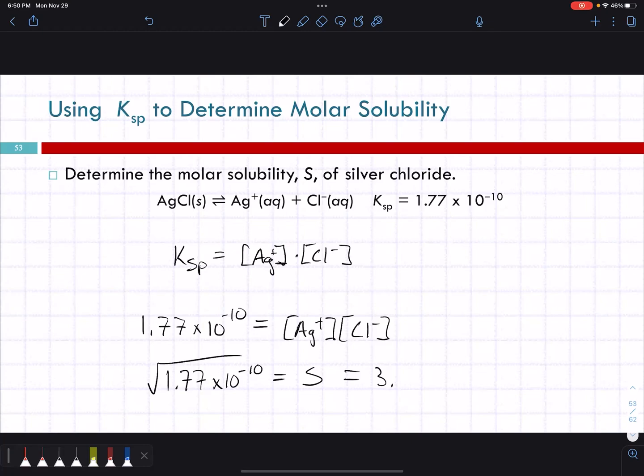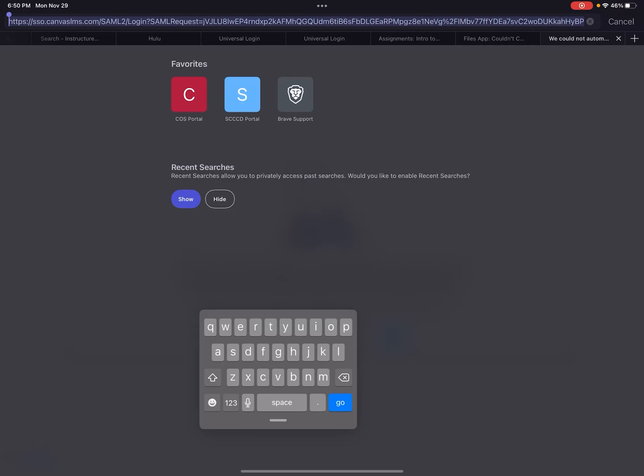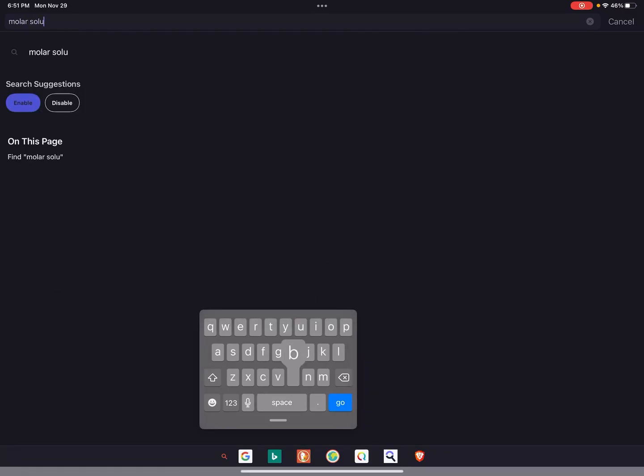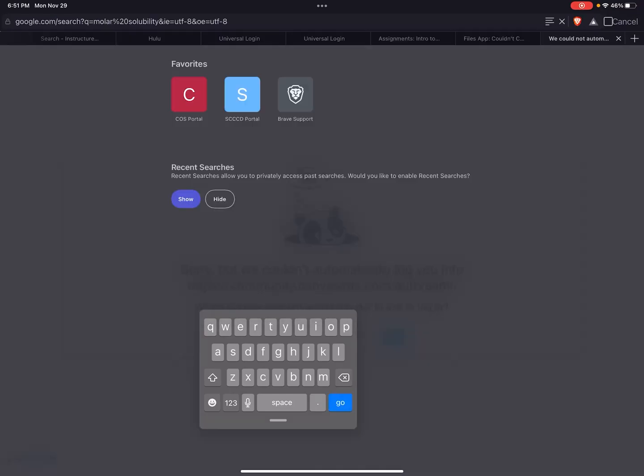So this is 3.13 times 10 to the negative 20 molar. So the moles of silver chloride that would dissolve. Molar solubility.